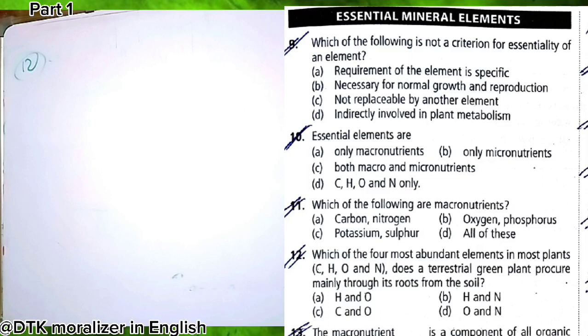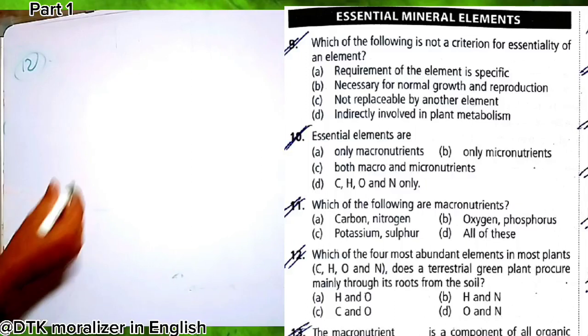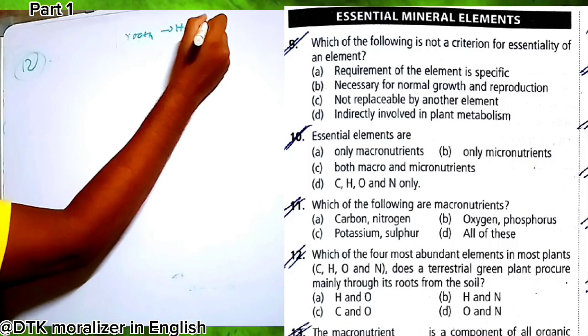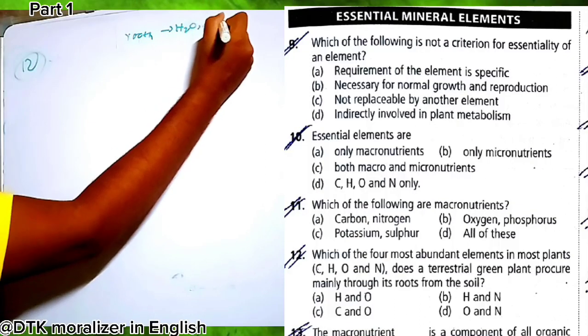Which of the four most abundant elements in most plants, CHON, does a terrestrial green plant procure mainly through its roots from the soil? HO, HN, CO, ON. Here, as you can see, water and nitrogen are absorbed by plant roots.